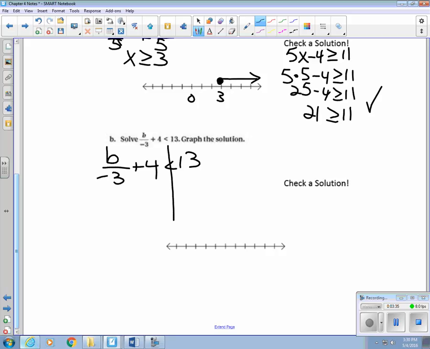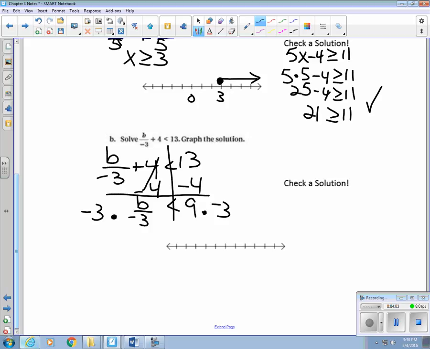The b on the left side is connected with the negative 3 more than it's connected with the plus 4, so I'm going to get rid of the plus 4 with a minus 4 on both sides. All right, I'm left with b over negative 3 is less than 13 minus 4 is 9. The b is being divided by negative 3, so I'm going to multiply by negative 3 on both sides.